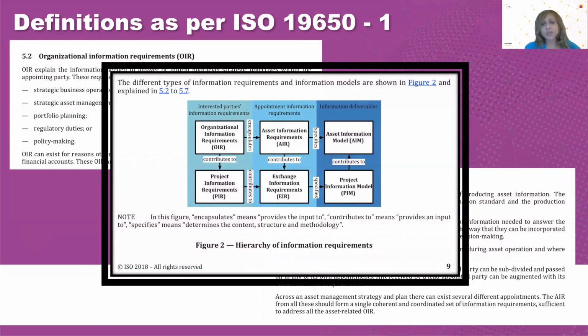So I just wanted to show you this diagram here, and I'm sure that a lot of you have already seen this, but it's essential to understand that the OIR stands at a higher strategic level that informs the AIR.